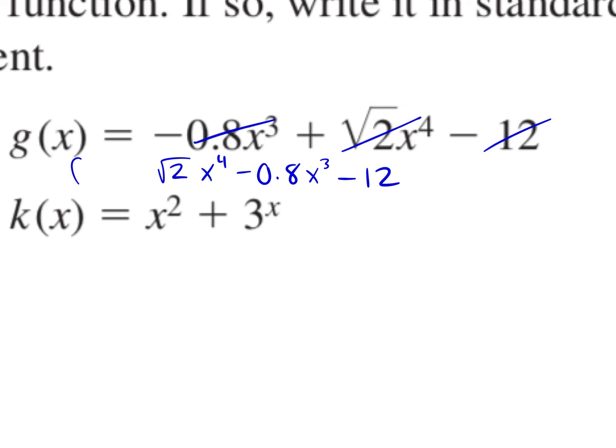So this would be in standard form because we always start with the highest degree and then go down. Now, if I classify it by degree, I always look at the highest degree to classify it. What do we call something with a degree of 4? Quartic, awesome. We think of it like 4 quarters, so quartic.